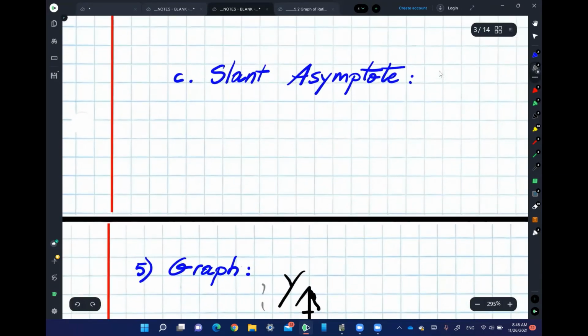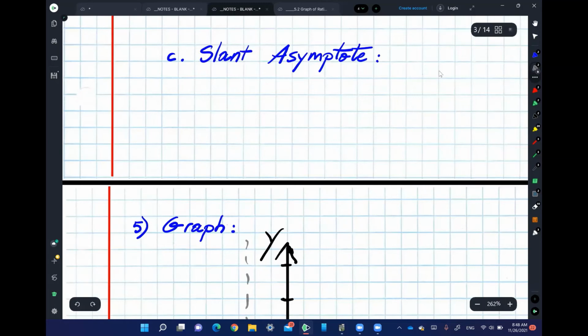For the question 4c, to find the slant asymptote, you actually did all the work already, because you just need to find the limit of f of x as x approaches infinity.